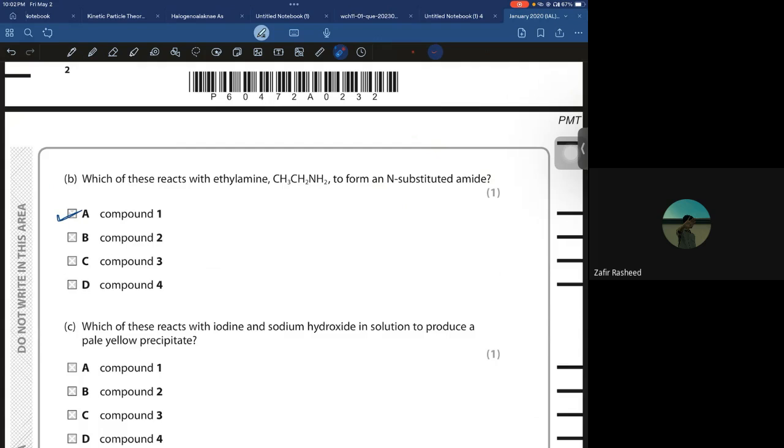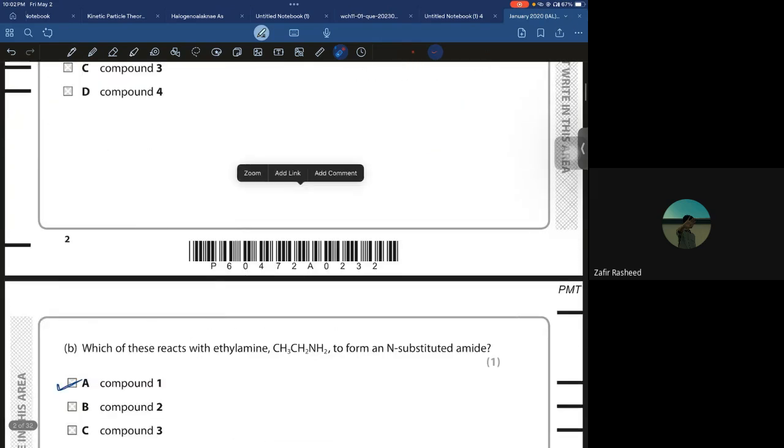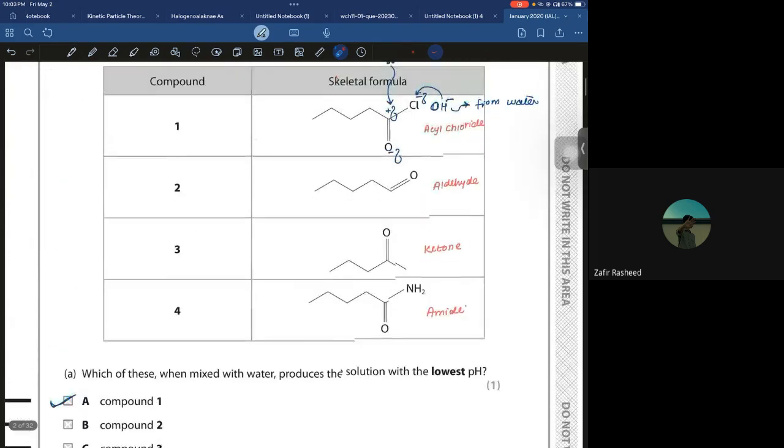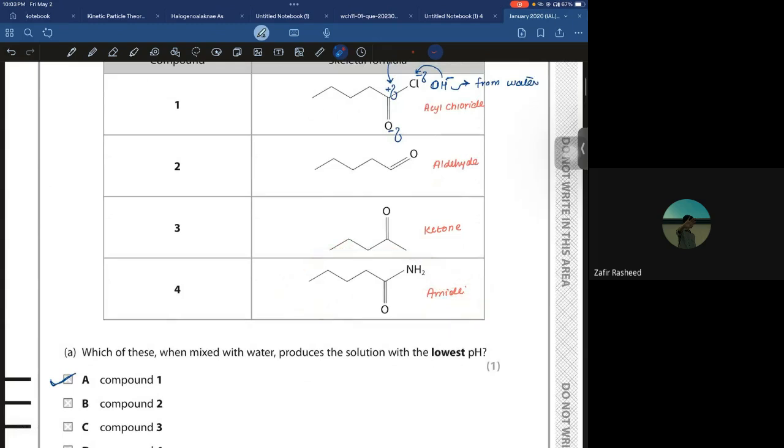This is an important concept. Amines are not going to react with amide, so compound 4 is incorrect. This is amide, remember. And also aldehydes do not react with the amine. This is also an important concept.